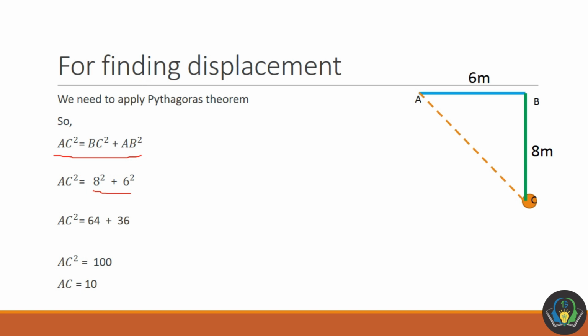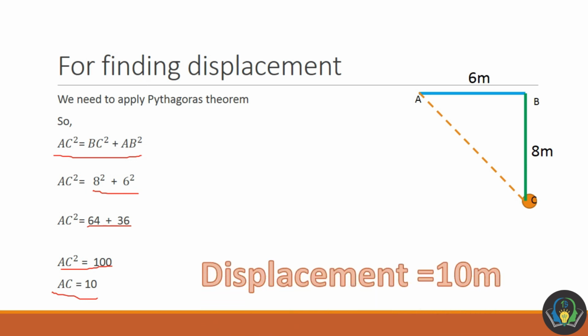Substituting the values, we get 64 plus 36. So AC square equals 100 and AC equals 10 meters. Hence our displacement is 10 meters. I hope it is very clear.